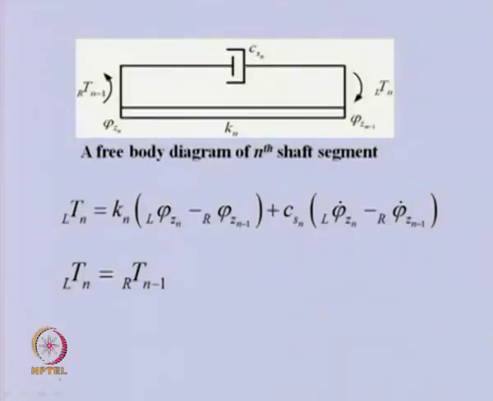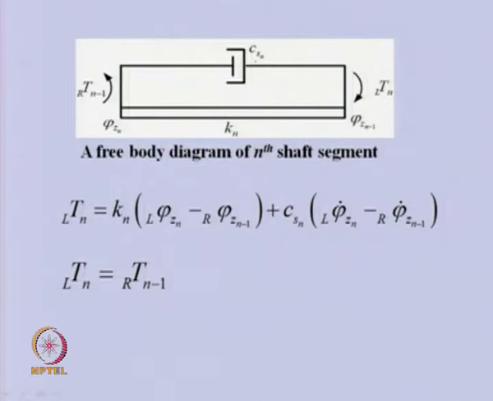So, let us see this shaft element, shaft segment, which not only has the stiffness property, but also the damping. For this particular damping factor, if we multiply with the relative angular velocity of either end of the shaft, we will get the damping force.